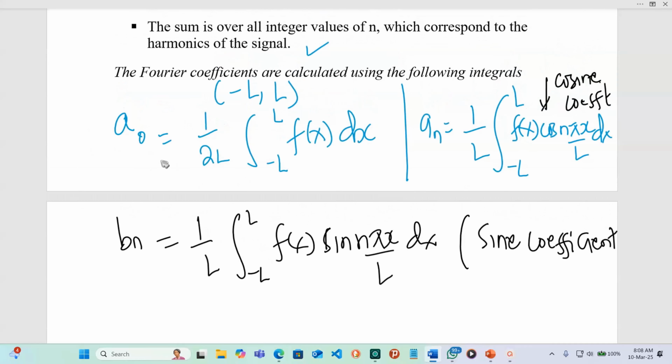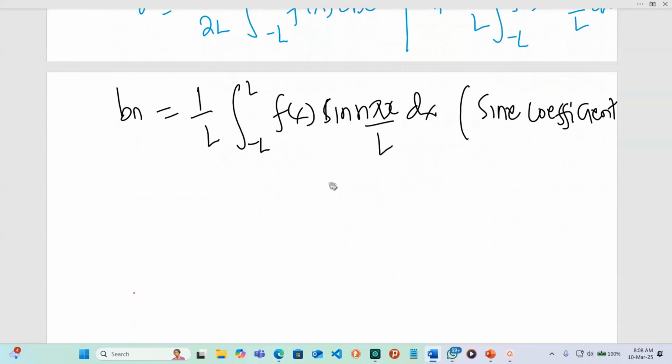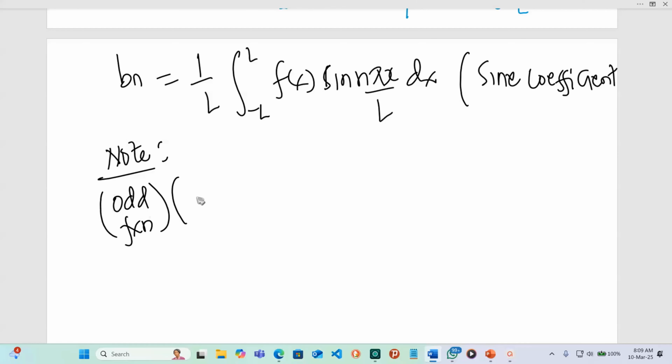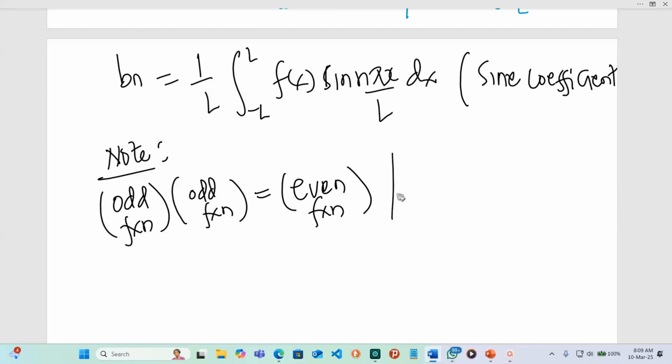So once you know how to calculate these, you'll be able to express any function as a sum of sines and cosines. But before we do that, let's talk about some important properties in detail. If you multiply an odd function by an odd function, you get an even function. How is it possible?